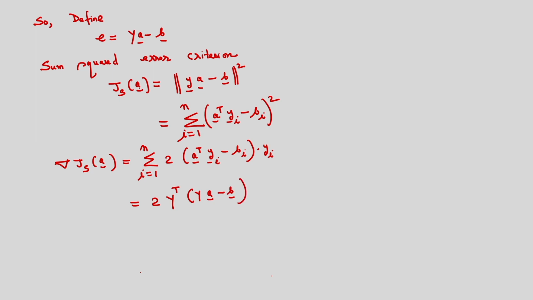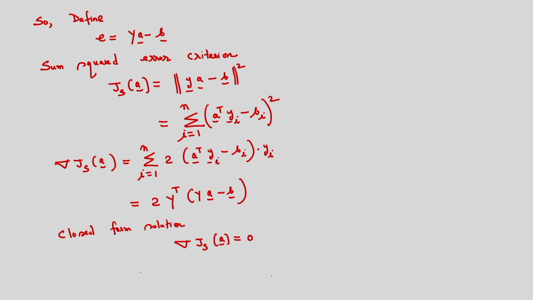With this gradient I can apply the gradient descent algorithm. So we have determined the gradient, and now we can get the closed form of the solution. The closed form solution is nothing but this gradient of JSA equated to 0.